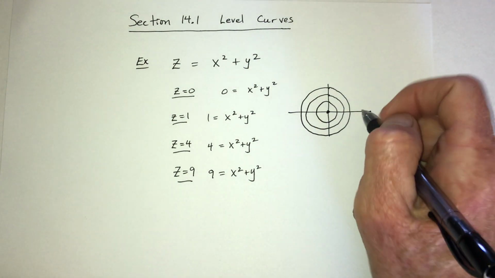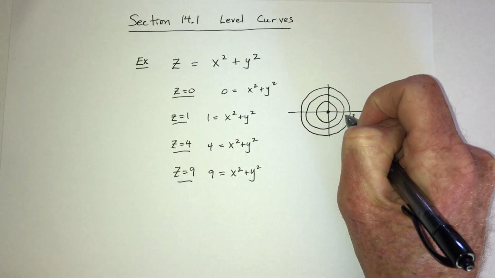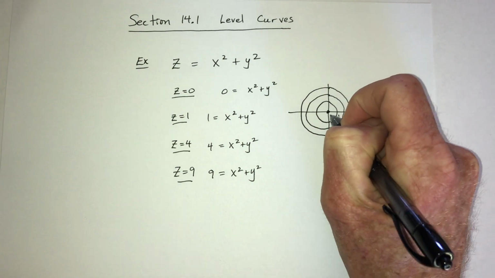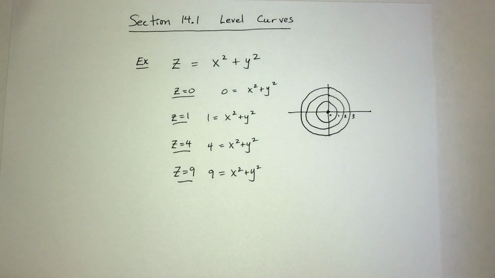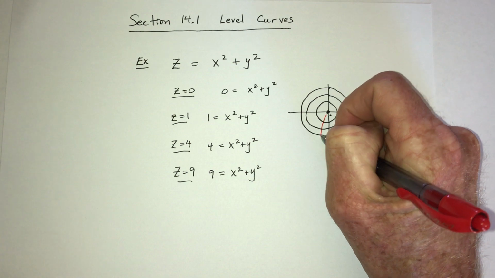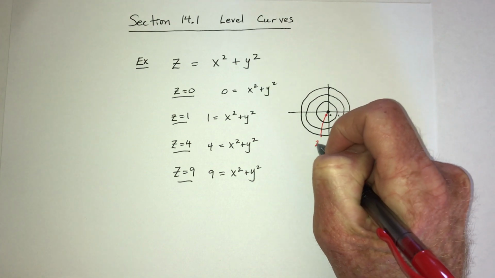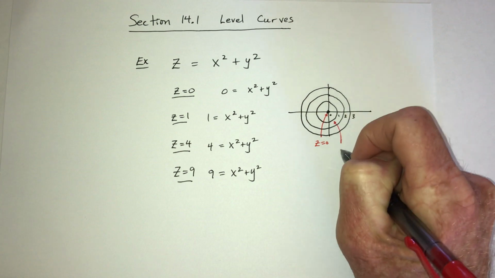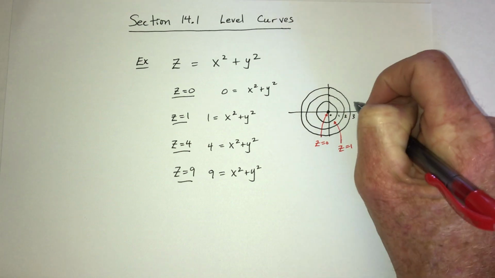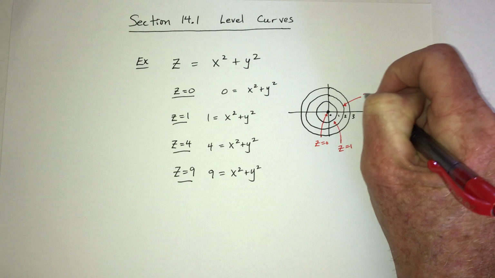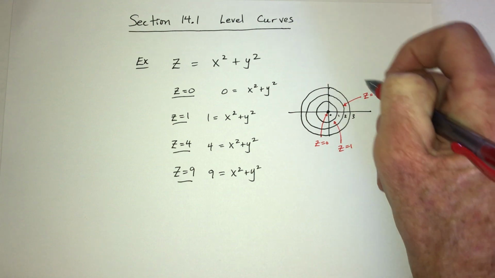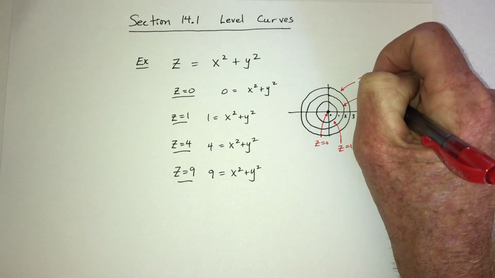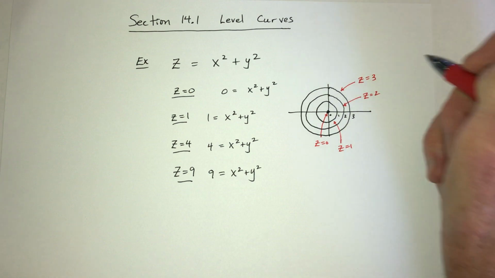And then you could do fancy things like label it. This is 3, 2, 1, and this is 0. You could even label it like this: this one is when z equals 0. This one is when z equals 1. This is z equals 2. And z equals 3.